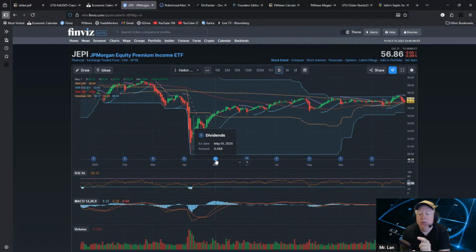The $342 was because I multiplied it by 4. So what the best of these other companies are giving you per quarter, JEPI's giving you per month. So almost 4 times the money. $342 on your $10,000 in JEPI.